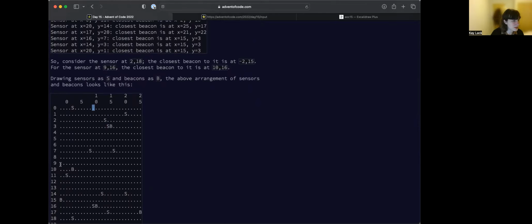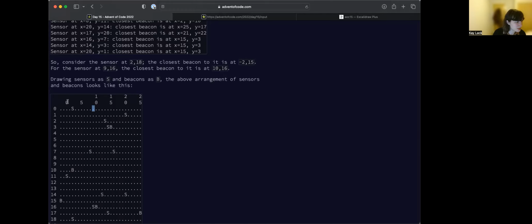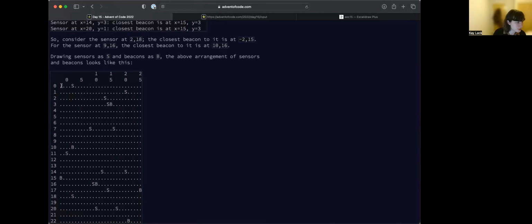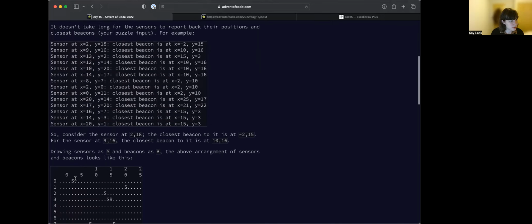What have I screwed up here? -2, 15. -2 along the top, 15 in the rows. 2, 15. 2, 18. Okay, 2, 18. That's that, right? Yeah.